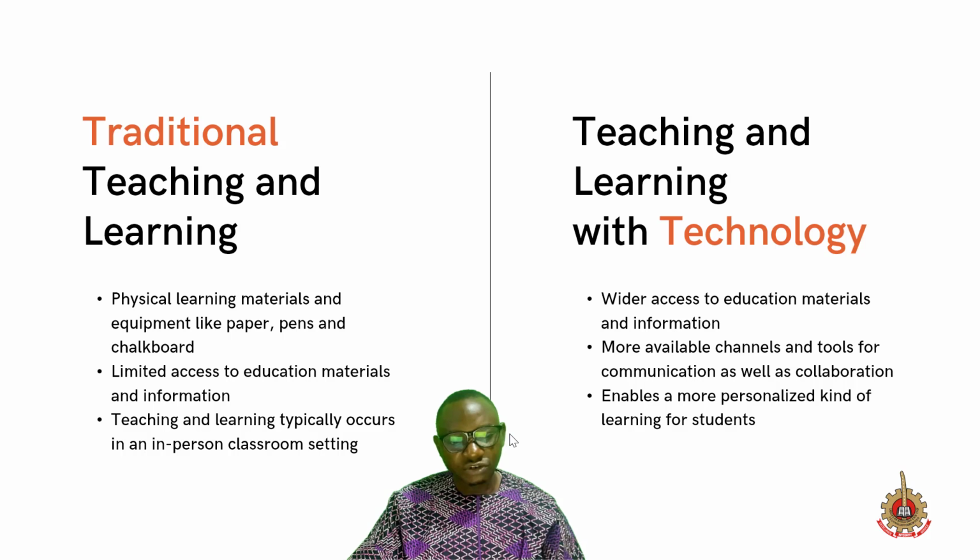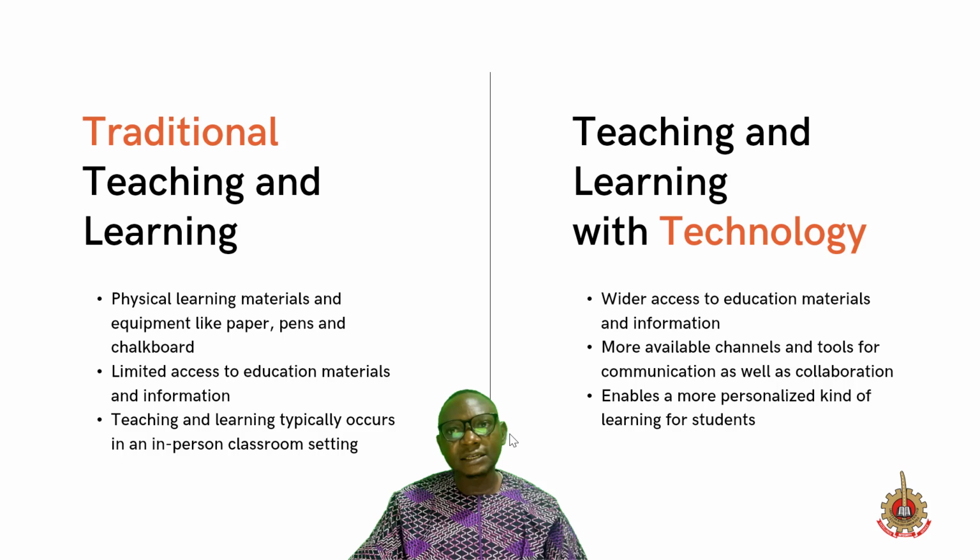If you look at the screen, you will see some of the characteristics of the traditional teaching and learning method. It has physical learning materials, and you make use of pen, paper, chalkboard or blackboard as the case may be. It has limited access to educational material and information.